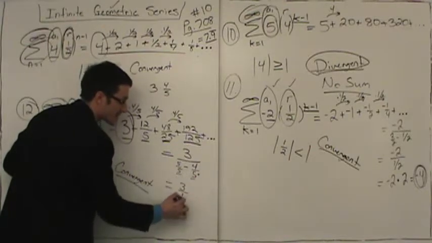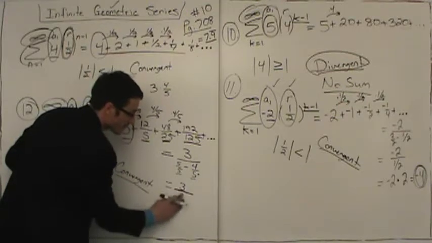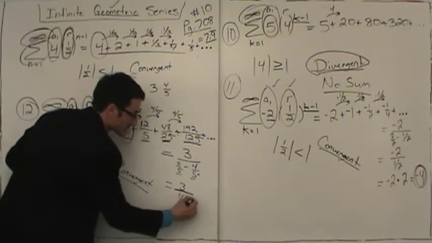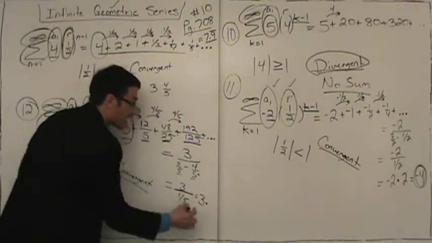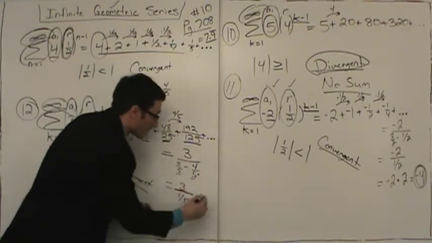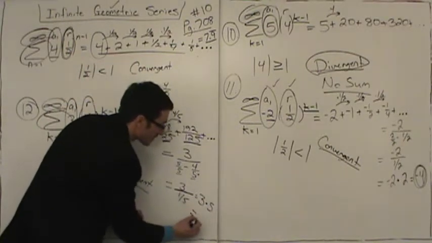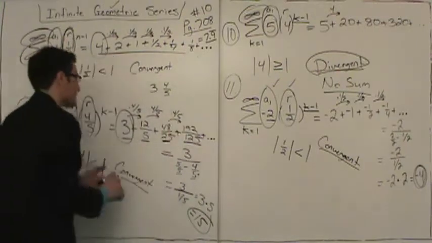We get 3 over 1/5. This is the same as 3 multiplied by the reciprocal, which is 5, and 3 times 5 is 15, and that concludes this lesson.